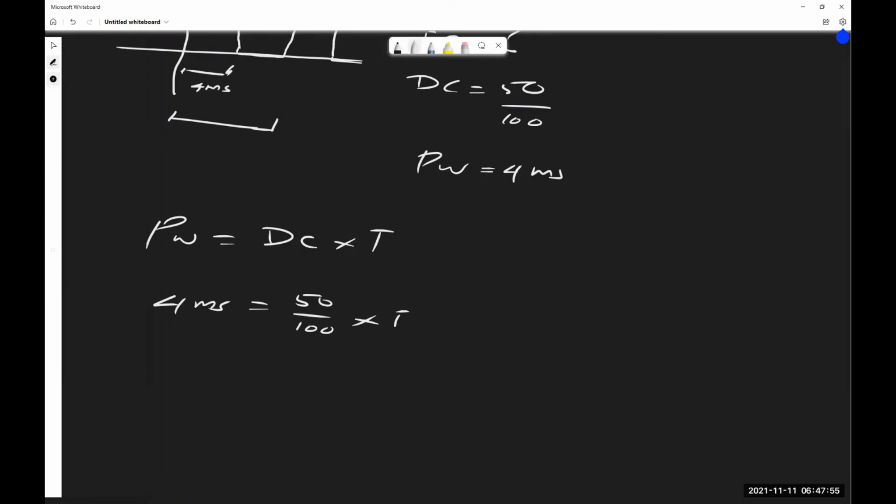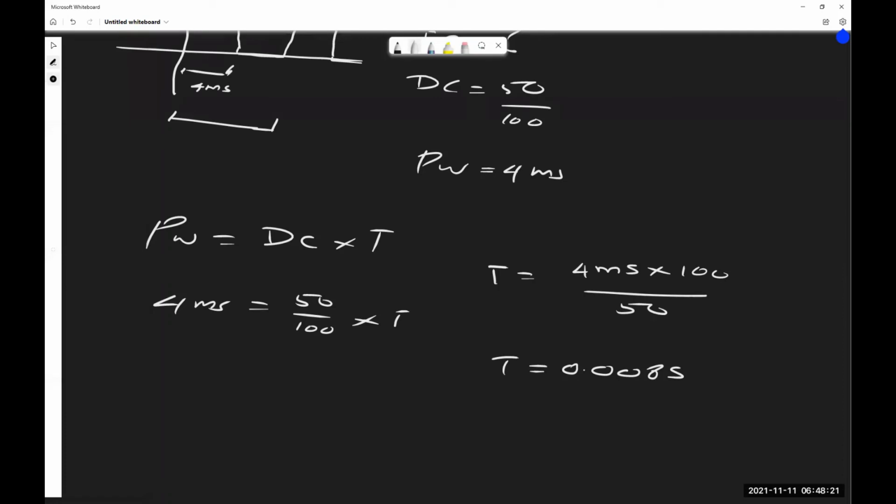We can rearrange the formula: time is equal to 4 milliseconds times 100 divided by 50. So the time is going to be 0.008 seconds, or 8 milliseconds.